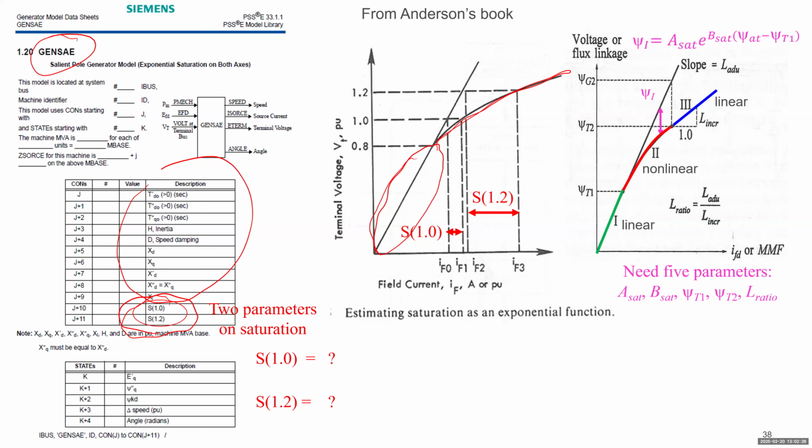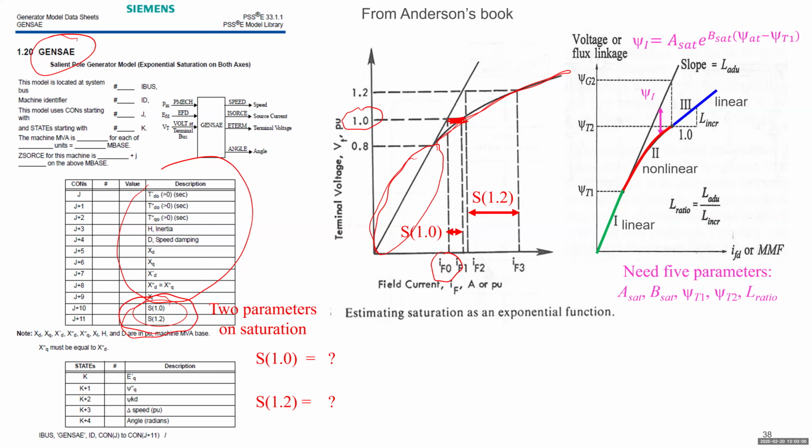So the two parameters S1.0 and S1.2 are defined as follows. So IF0 is actually the nominal field current for normal condition. So you can draw a vertical line that intersects with the straight line at a point. That point corresponds to 1.0, which is the nominal voltage. But if you have saturation, if you increase the current beyond IF0 to IF1, you see there will be a gap.